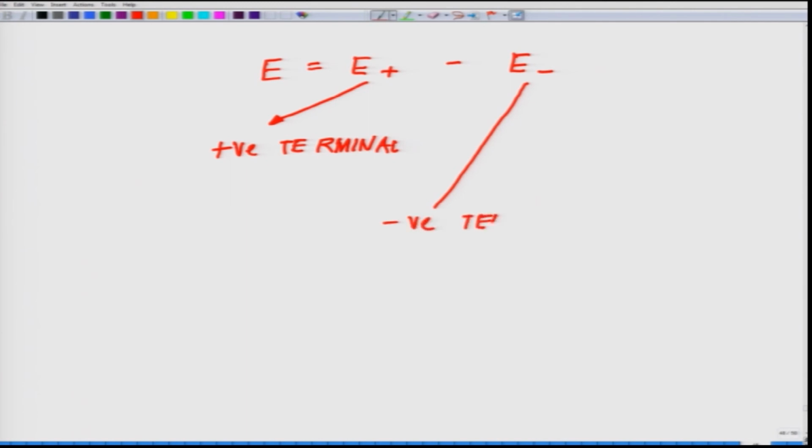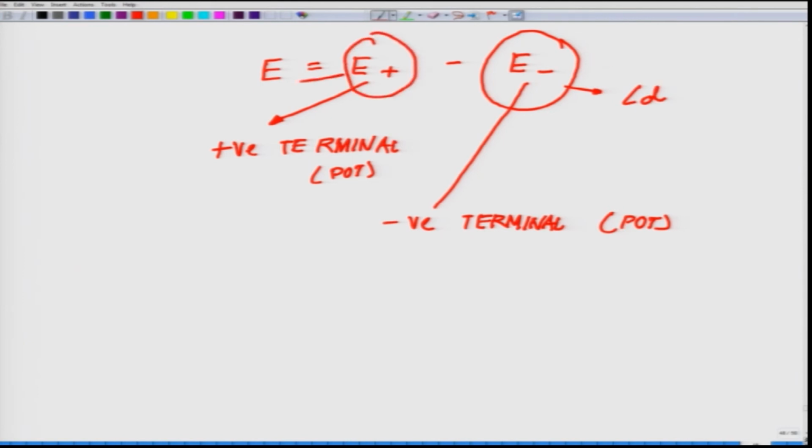So, this is the potential on the cadmium in our case, and this will be the potential observed in the case of silver, because this is attached to the positive terminal of the potentiometer. Okay. So, keep that in mind.